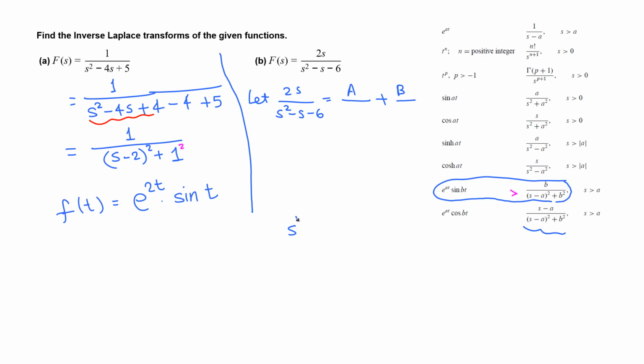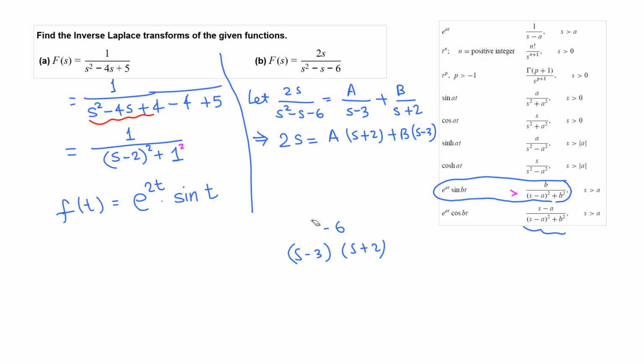If we factor s squared minus s minus 6, we get (s minus 3)(s plus 2). If we combine these two fractions, the bottoms cancel. That implies 2s equals a times (s plus 2) plus b times (s minus 3). And this is assumed to be true for all s. Now we want to take specific values of s so that we can find a and b.